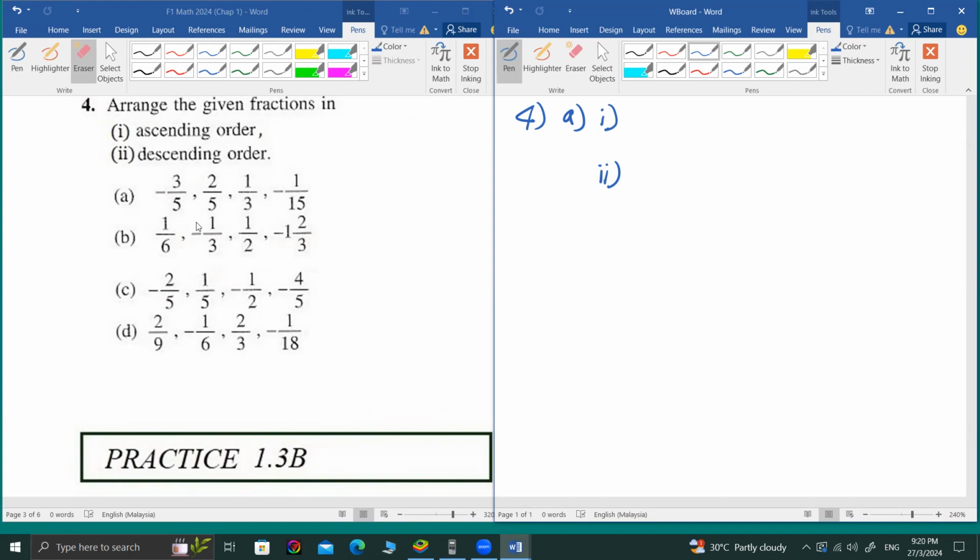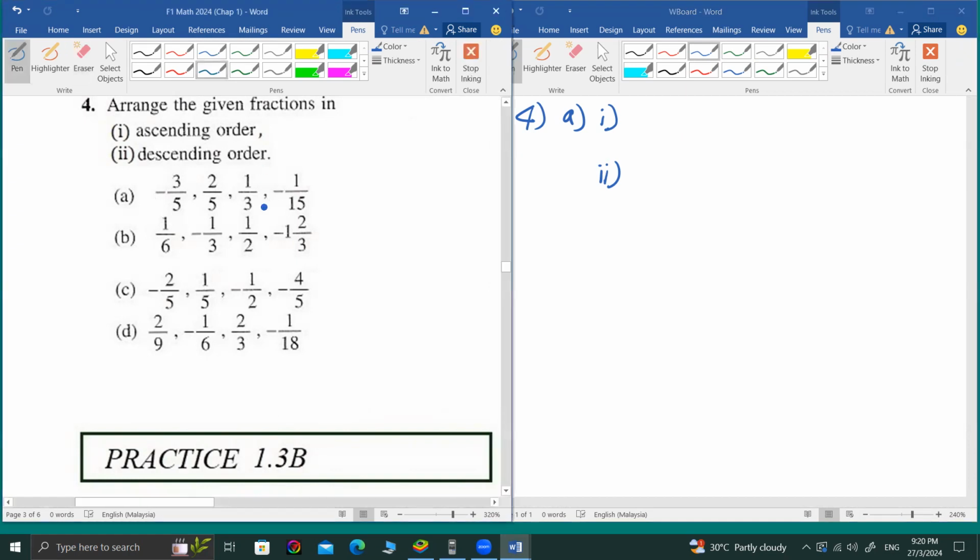Okay, class, see here. If you are not so sure how you multiply, you times 5, times 3, times 3.